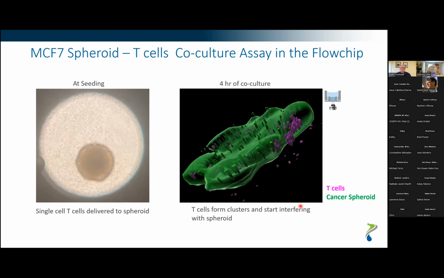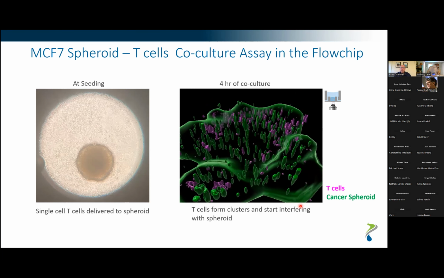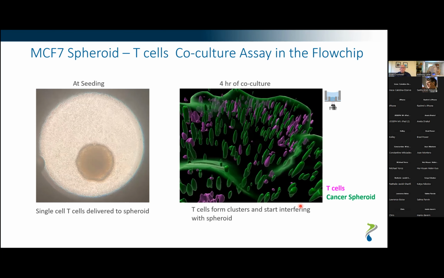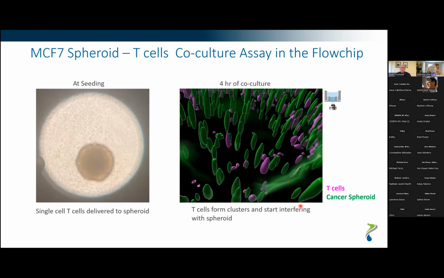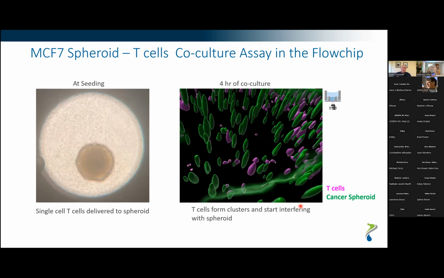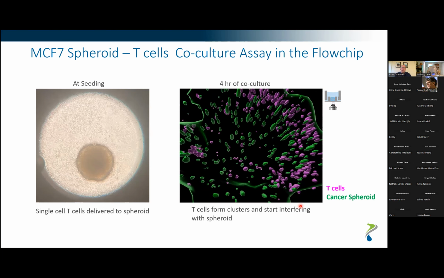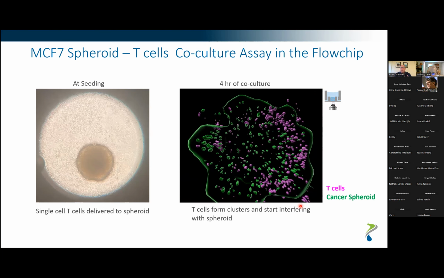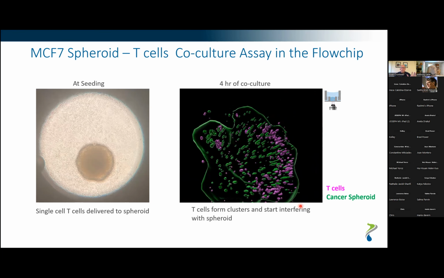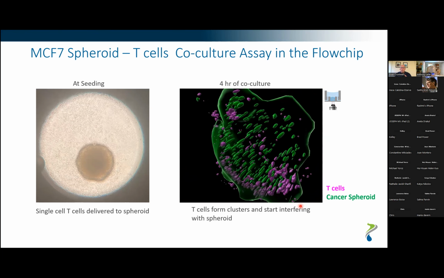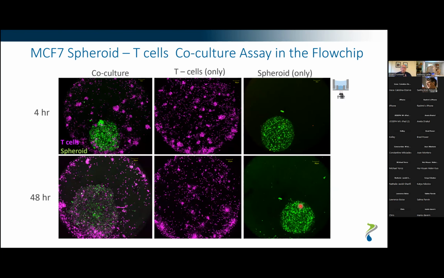This is a little 3D rendering created by the Yokogawa CQ1 software, but really showing you the ability now to track individual cells. If you did a time-lapse study, you could watch them move from the well into the tumor, and then ultimately what you're interested in is, do these kill the tumor model? And we see that.